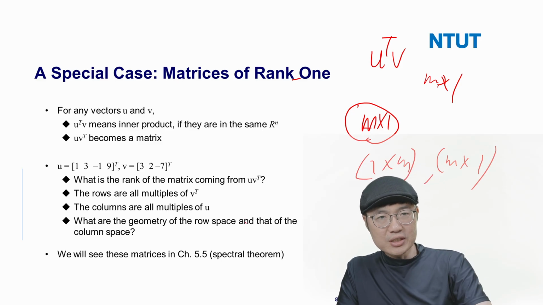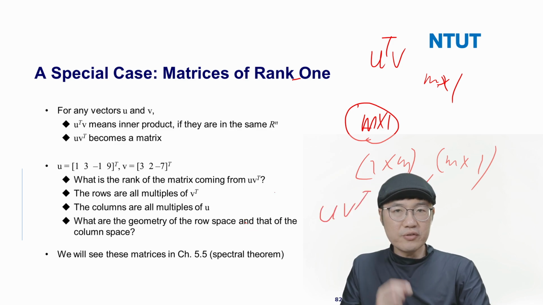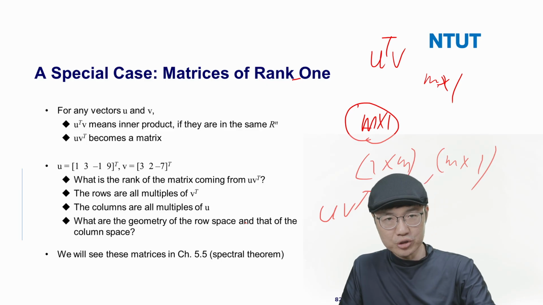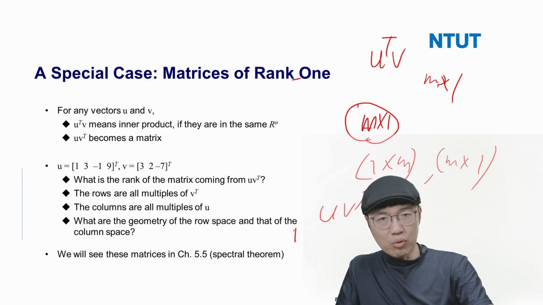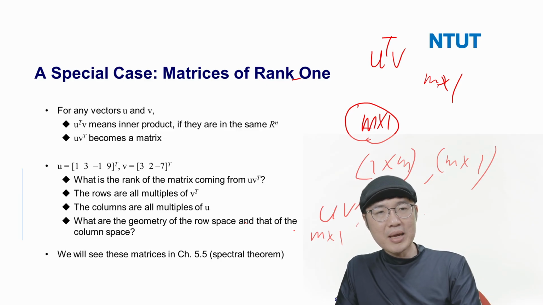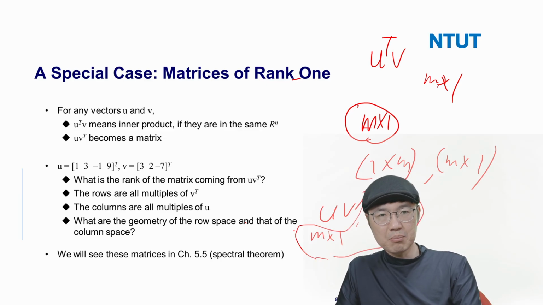But u v transpose is something different. u v transpose is a matrix. If u is m by 1, and v is n by 1, which makes v transpose 1 by n. So m by 1 times 1 by n becomes an m by n matrix.